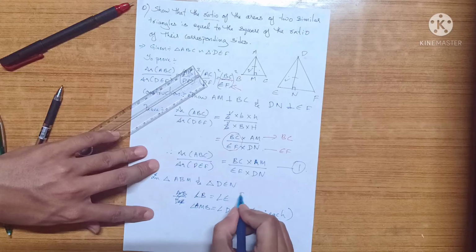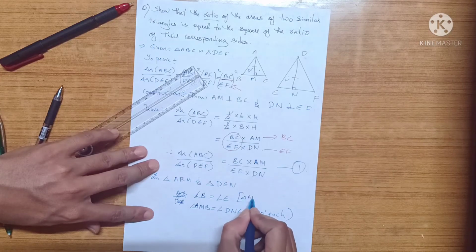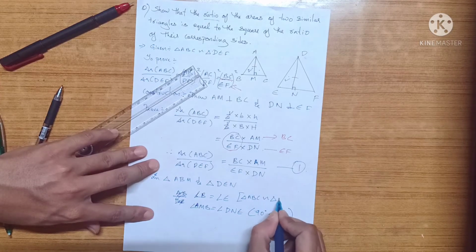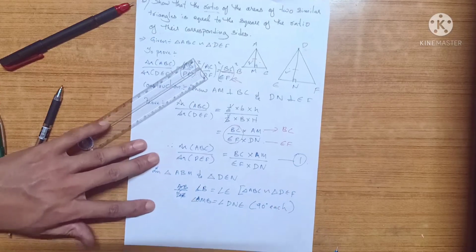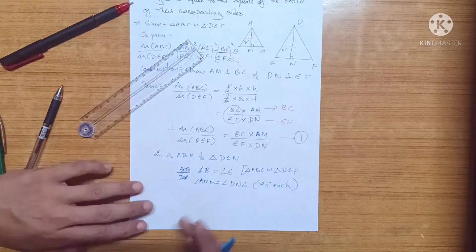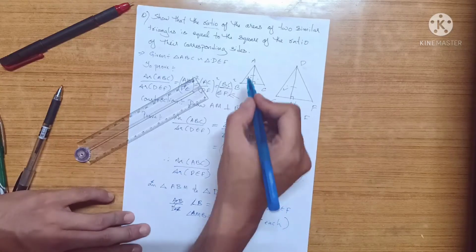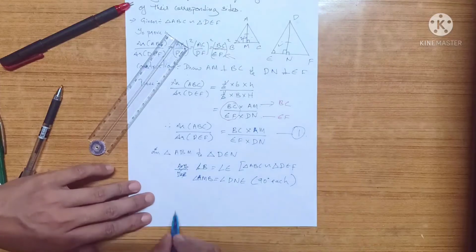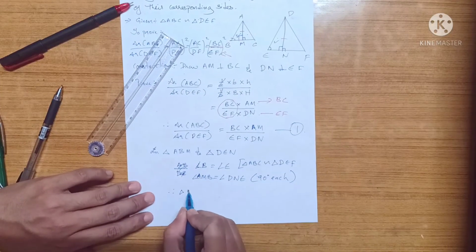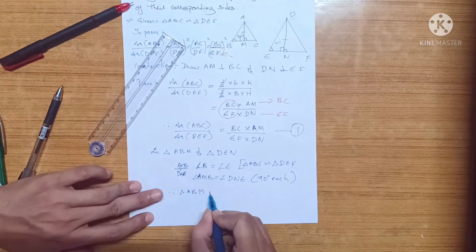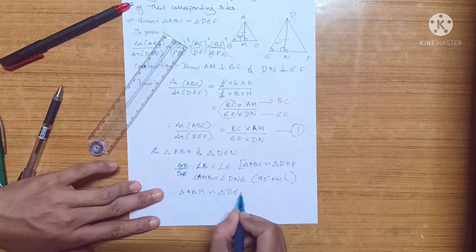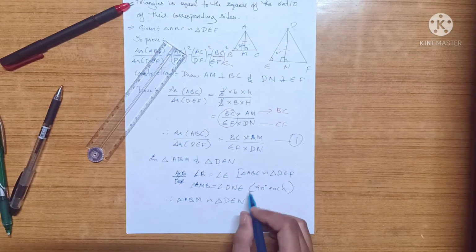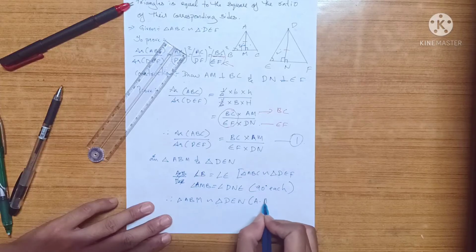It's equal because in the question it is given that triangle ABC is similar to triangle DEF, right? Now since two angles are equal, this and this are equal, this is 90, this is 90. Since two of the angles are equal, we can say therefore triangle ABM is similar to triangle DEN, by AA similarity.